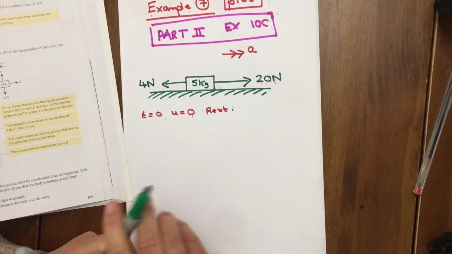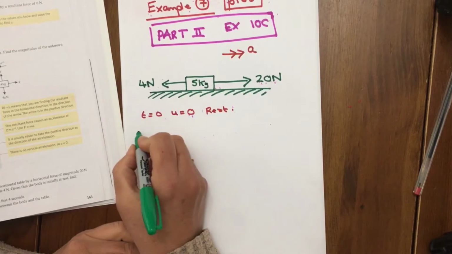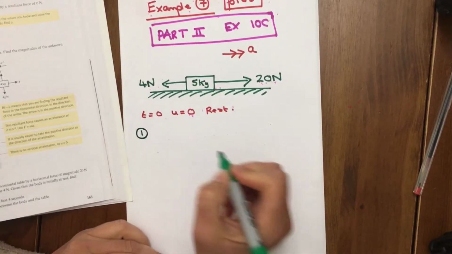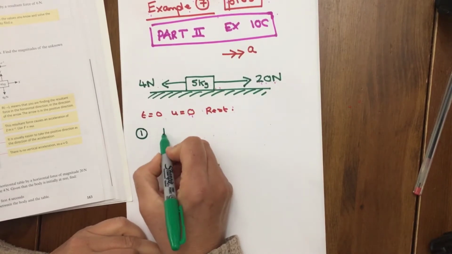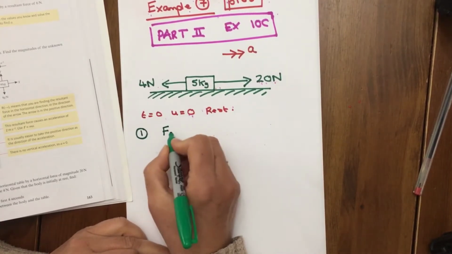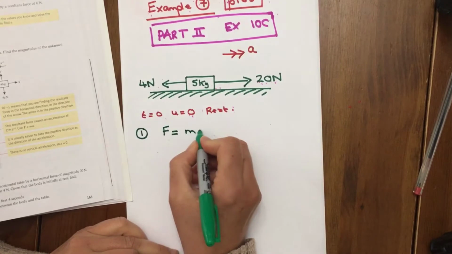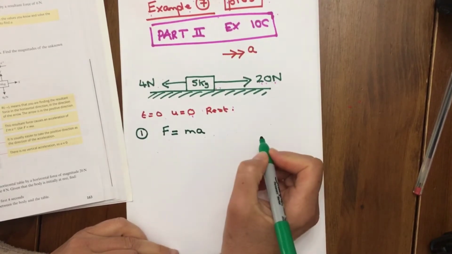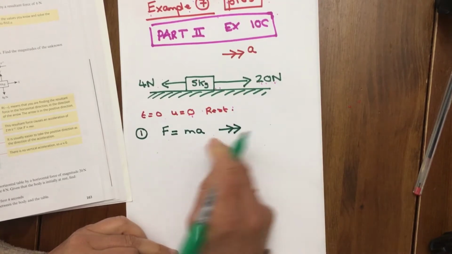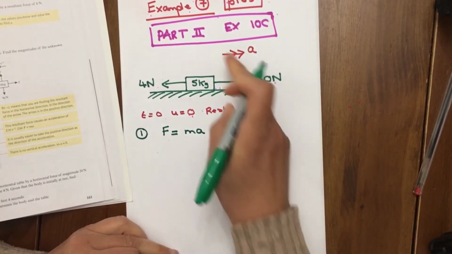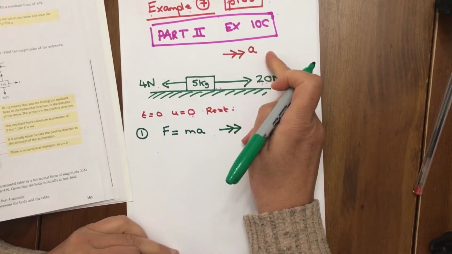Right, so to begin with, question 1 asks me to find the acceleration of this particle. Well, I know that my equation of motion is F equals ma. I'm going to resolve horizontally in this direction because that's the direction of the acceleration.